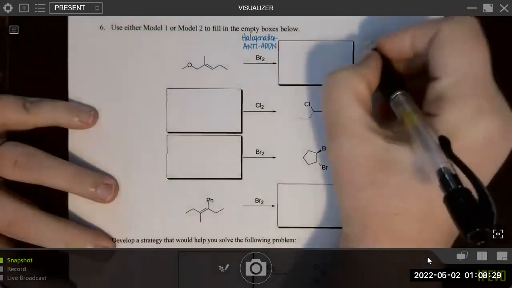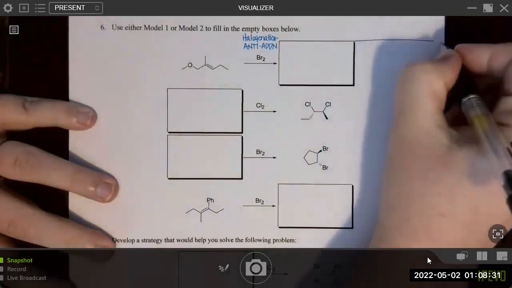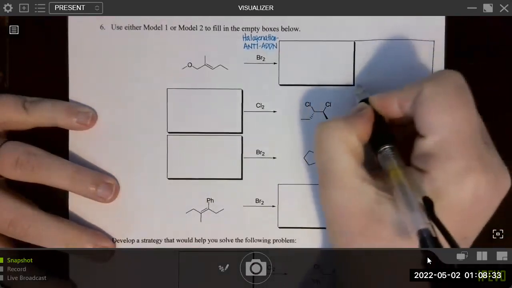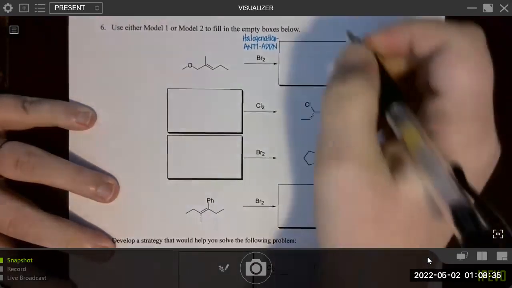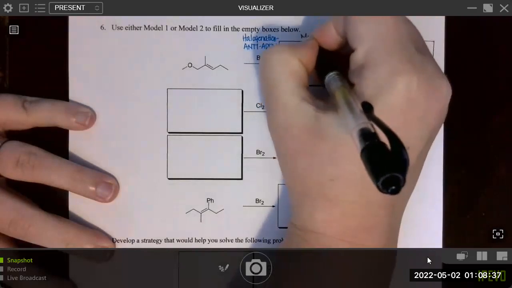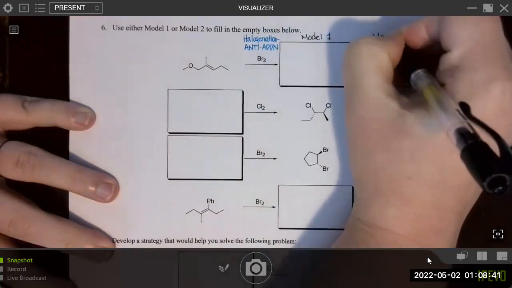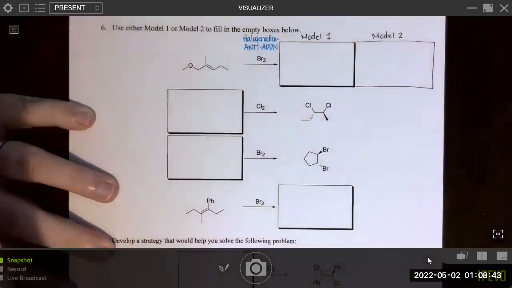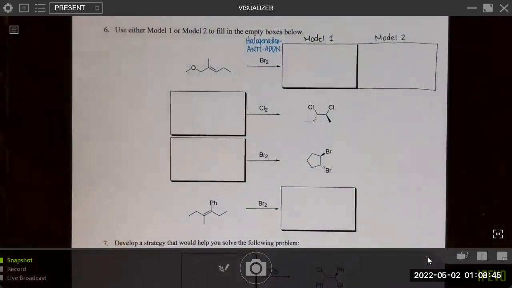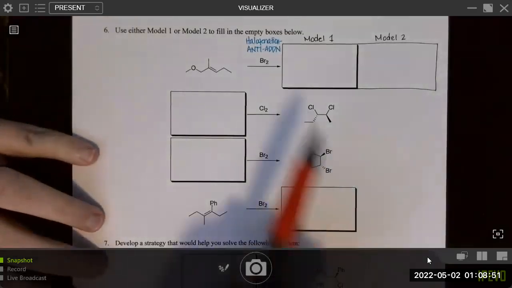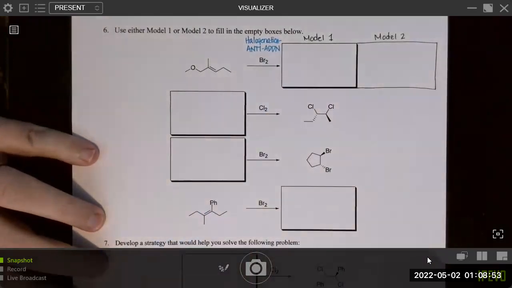Okay, so I'll just draw an extra. We just want to do it using both models, just for the answer. So we'll do model 1 and model 2. With model 1, remember that we typically like to draw the 2 bromines in first because they're the easiest to draw there in the plane.